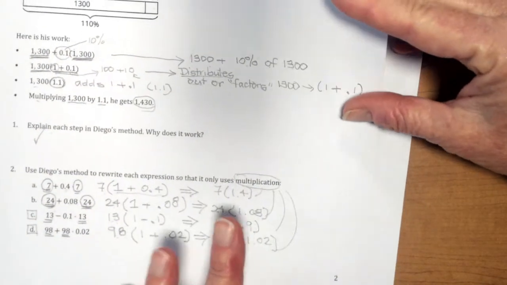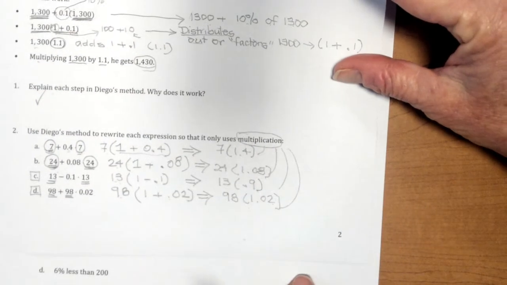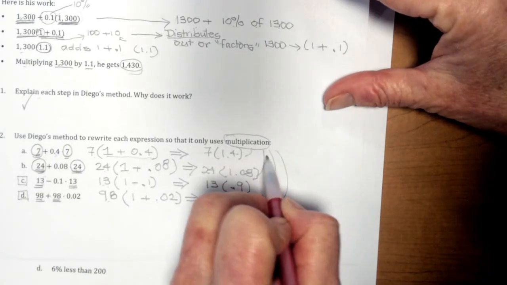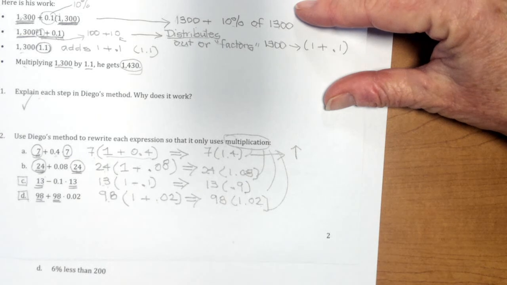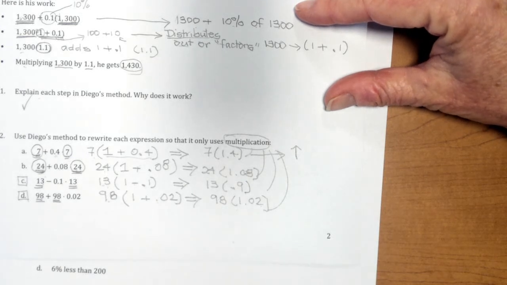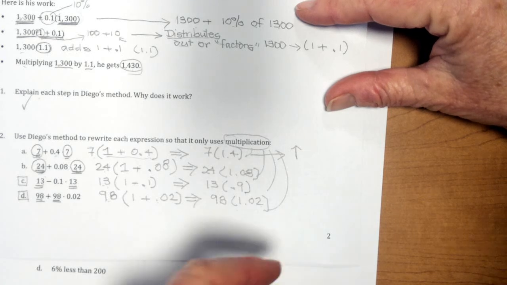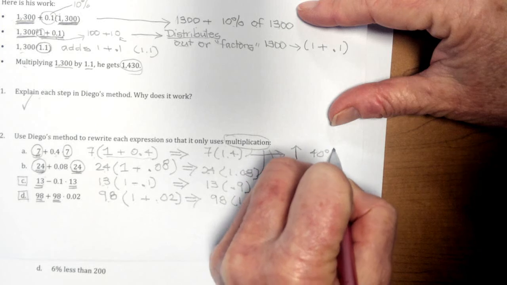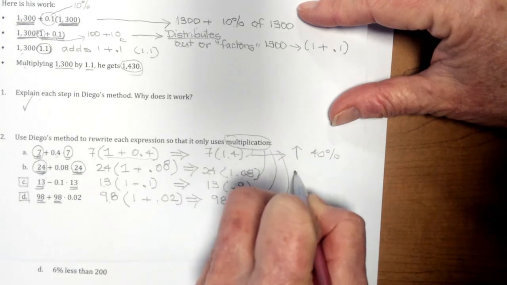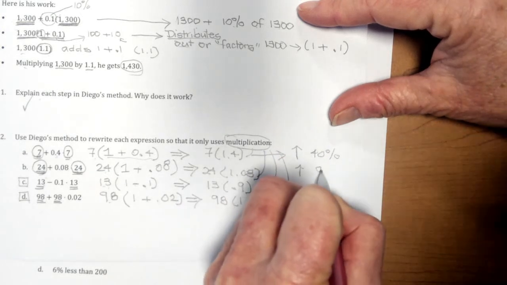So again, I'm just going to do it right on here because I've got everything written, and I'm going to show increase as an arrow pointing up. So we have, this is being increased by 40%. 24 is being increased by 8%.